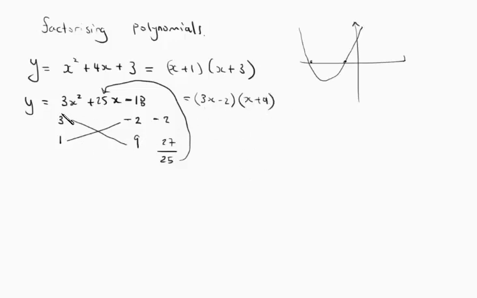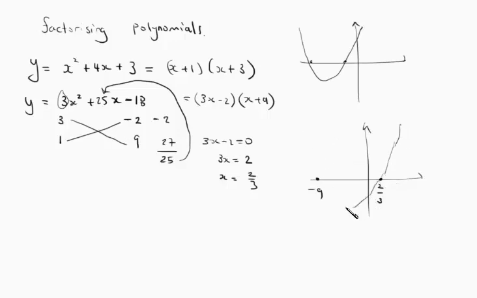Right, and then how do we plot this one? It's also very simple. You have -9 here. And you have to think about what makes this one 0. If we make 3x minus 2 equals 0, then 3x equals 2, x is equal to 2 on 3. So another root is here, 2 on 3. And this is also a smiley face. So this is how you plot this. Of course, you can find the y-intercept and the vertex as well.